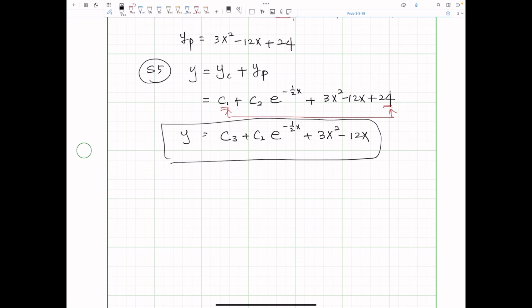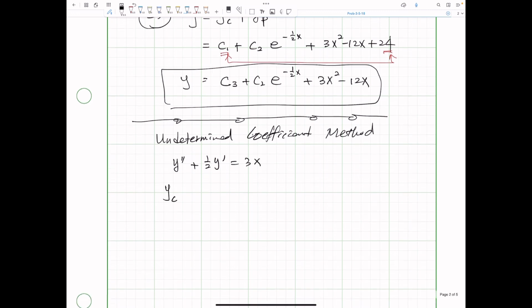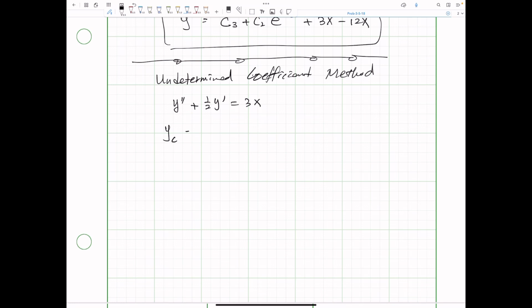So that's our answer. The same problem, we can solve using the undetermined coefficients method from the previous section. So the differential equation is given: y double prime plus 1 over 2 y prime equals 3x. Based on the auxiliary equation, we found yc as c1 plus c2 times e to the negative 1 over 2x.